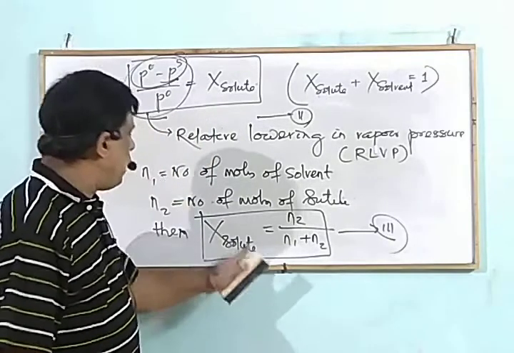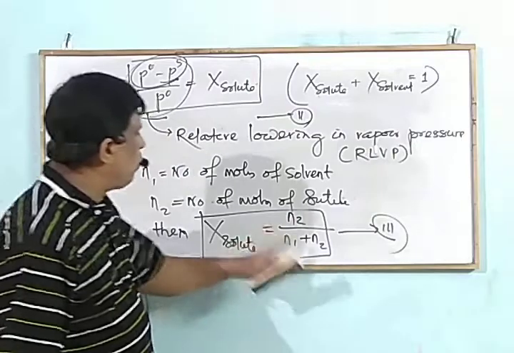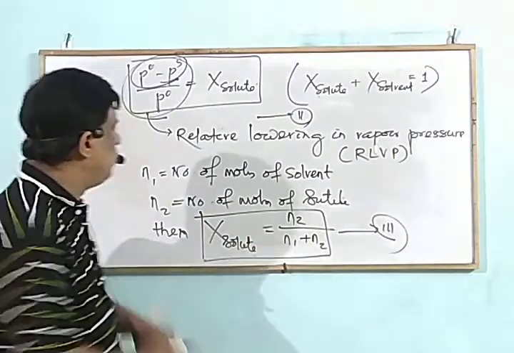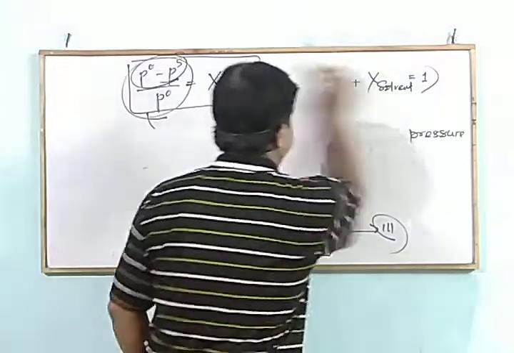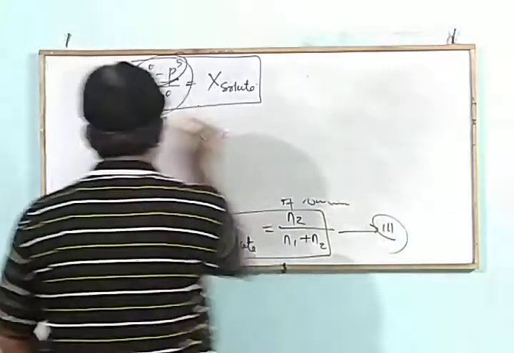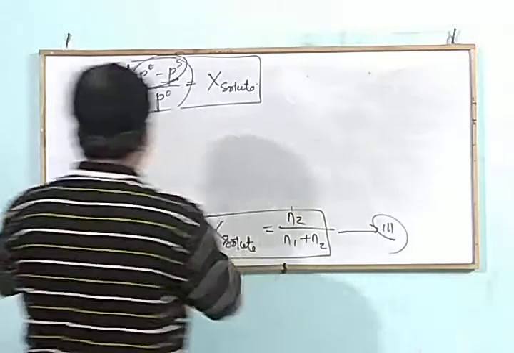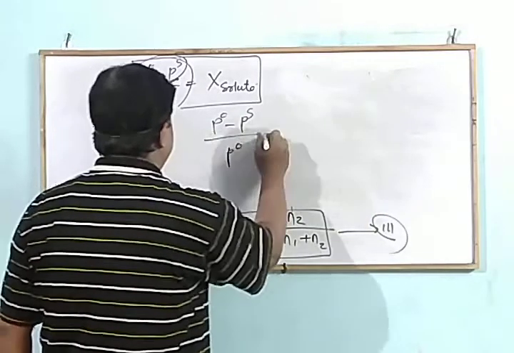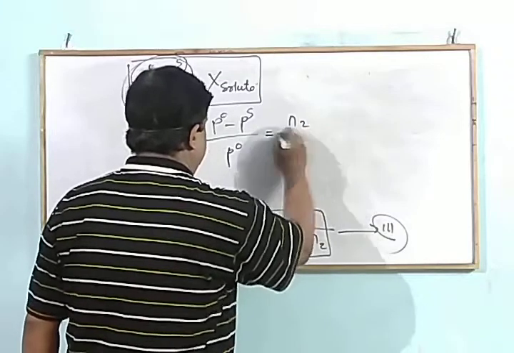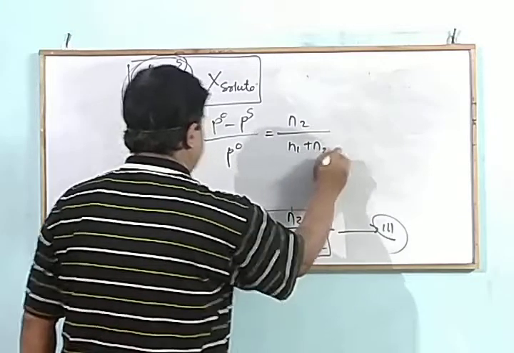So, putting the value of mole fraction of solute from equation 3 in equation 2, we have P naught minus Ps by P naught is equal to N2 by N1 plus N2.